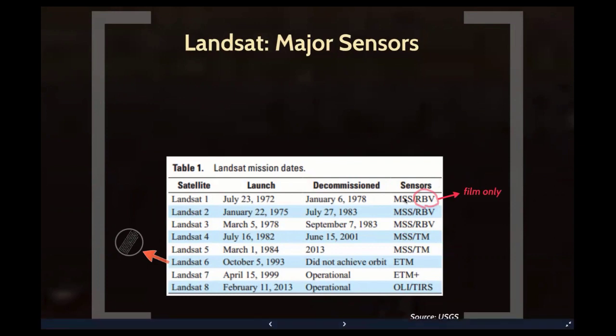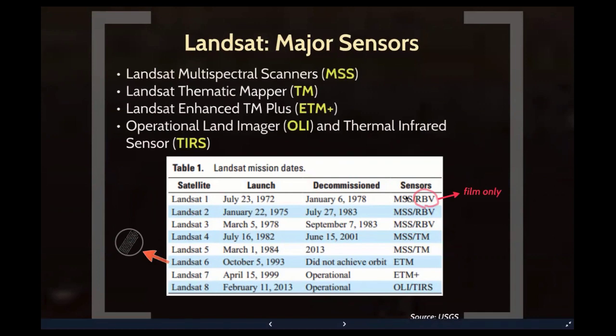What we're going to focus on is MSS, TM, ETM+, OLI, and TIRS for Landsat 8, as you folks reviewed last time. Also, there's basically no ETM, because ETM was Landsat 6, and there's only ETM+.